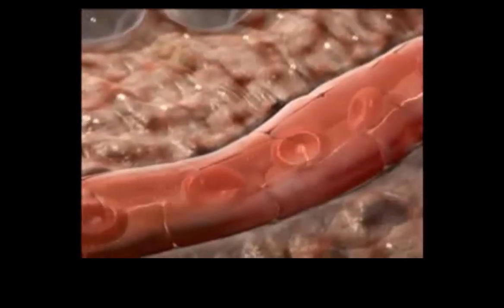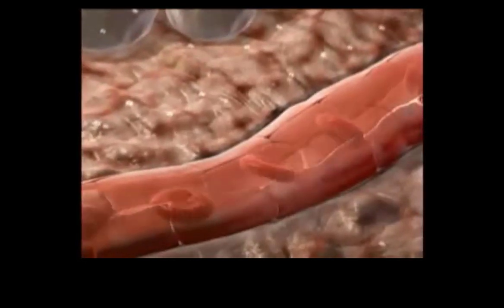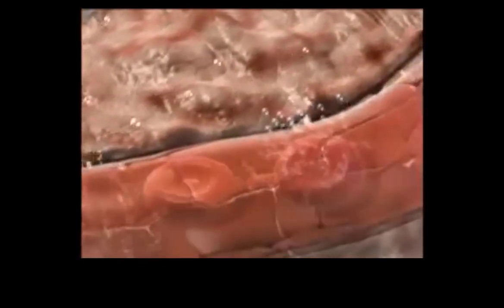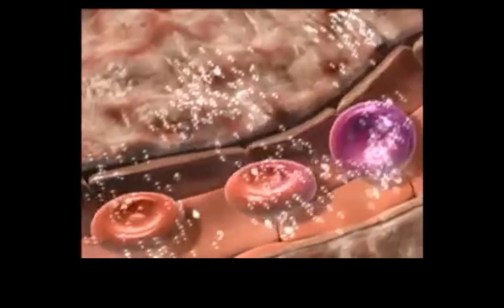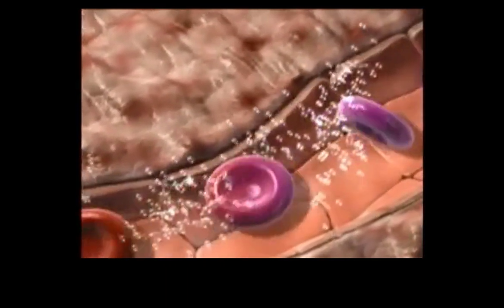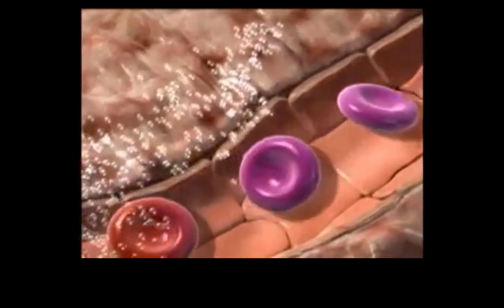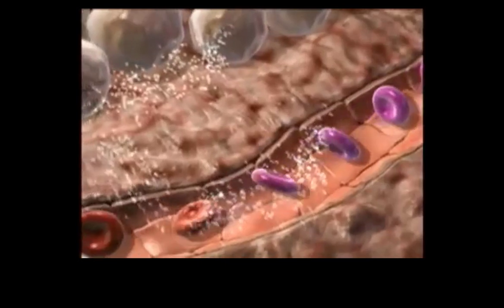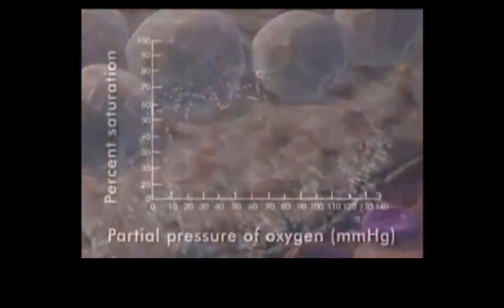The partial pressure of oxygen represents the level of dissolved oxygen in plasma. As oxygen is released and again is carried in solution, the partial pressure of oxygen in the capillaries becomes greater than the partial pressure of oxygen in the surrounding tissues. This causes oxygen to move out of the capillaries into the tissues and to finally reach the cells.